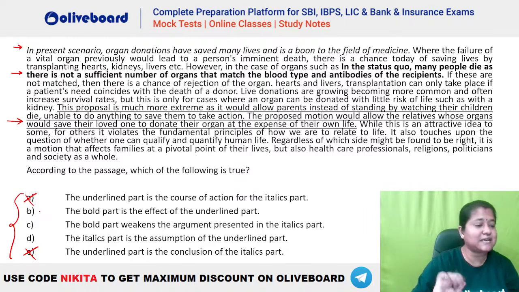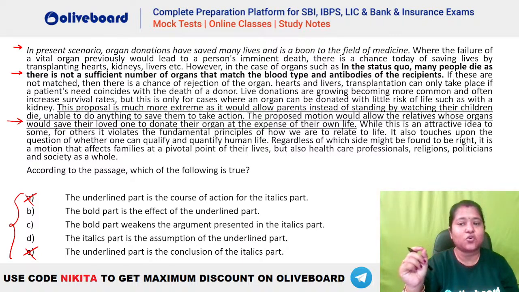Let's check your B, C and D. What is B saying? The bold part is the effect of the underlined part. What is the bold part here? In the status quo, many people die as there is not a sufficient number of organs that match the blood type and antibodies of the recipient. Now here you can see that the underlined portion is talking about how, with this proposal, the parents and the relatives would be able to give their organs to their children, and they would not be seeing them die without getting organs.